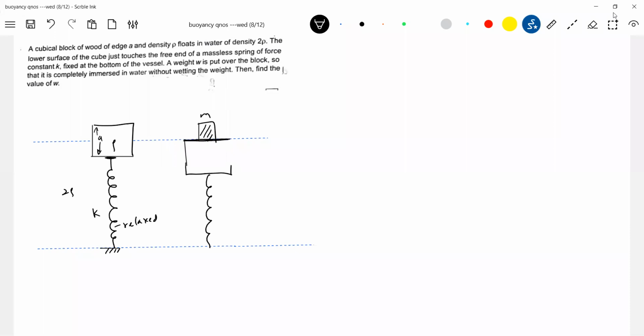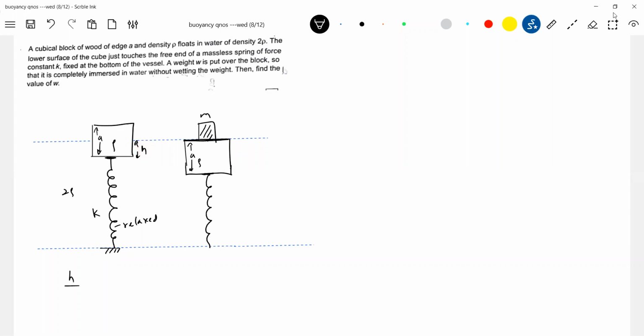Without wetting the weight means the block should come to this position. Now initially, how much will be immersed, what is the immersed length? Any idea? X1.